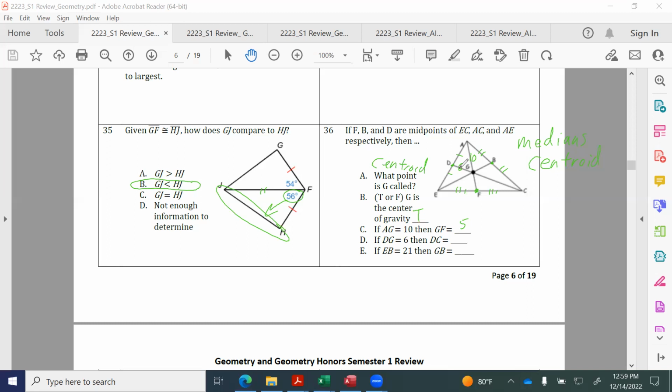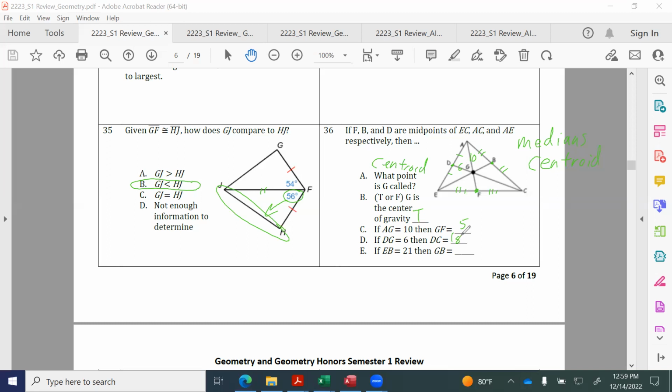What is DC? So GC would be 12. The whole thing would be 6 plus 12, which is 18. And then EB, the whole thing, is 21.